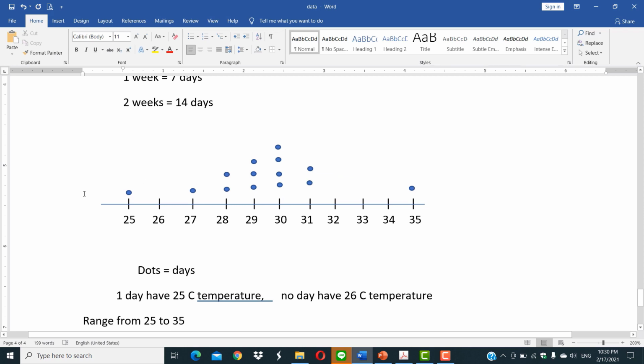Now the data: how can we read the data? First of all, the range. Range from 25 to 35.